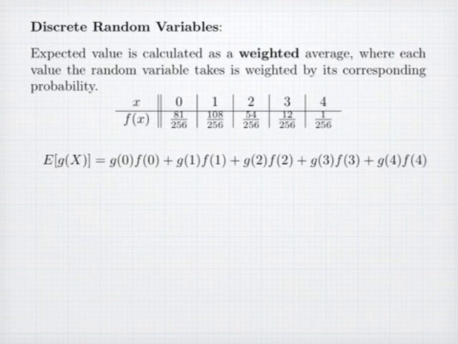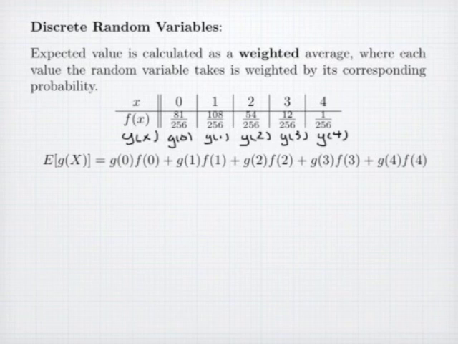So this allows us to generalize it. If I have some other function, let's call it g of x, then there are 5 values: the g of 0 value, the g of 1 value, the g of 2 value, the g of 3 value, and the g of 4 value. Sorry, those g's look like y's.